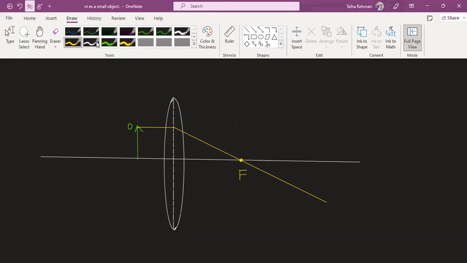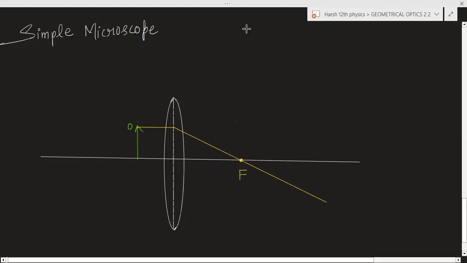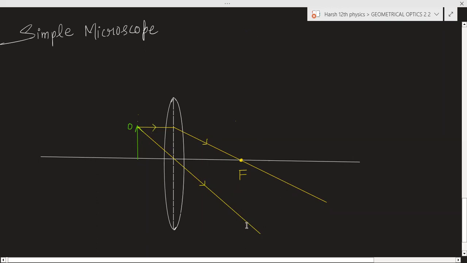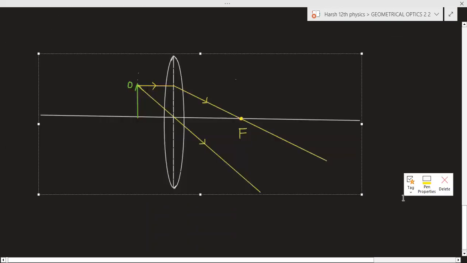Now another ray. What should be the other ray from the object to form the image? It should pass through the optical center, like this. Because for image formation, two rays should be there. Now, are these rays converging or diverging? These are diverging, so these rays will never meet. So we will produce these rays in the backward direction, and then we will get the image there.